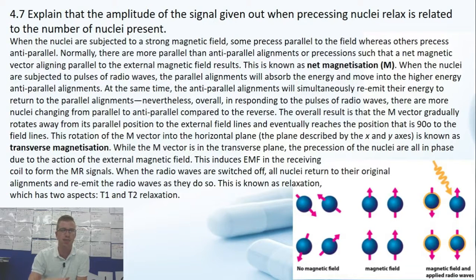As they move into anti-parallel alignment, they will then change from anti-parallel back to parallel when the MRI machine is switched off. They will then give off a radio wave, and in turn we can determine where and what the composition of that target area was by T1 or T2 relaxation, and I'll go through that in our next video.